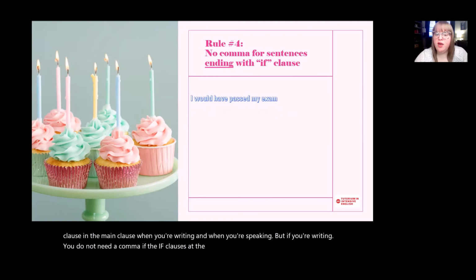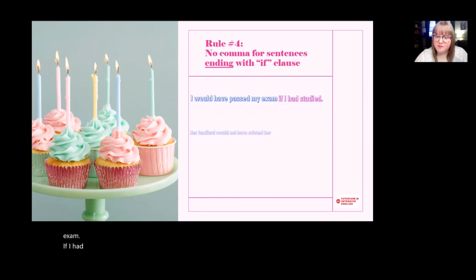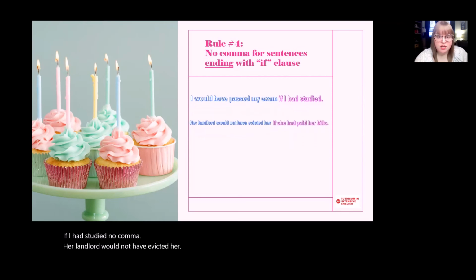So for example, I would have passed my exam if I had studied, no comma. Her landlord would not have evicted her if she had paid her bills, no comma. They would not have felt so sick if they had not eaten all the tacos, no comma.